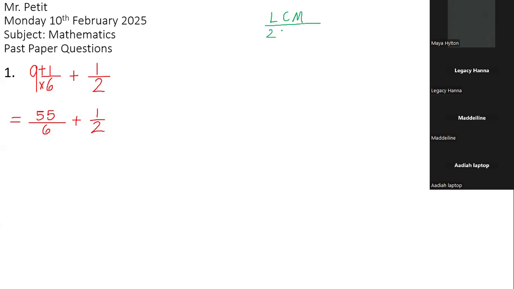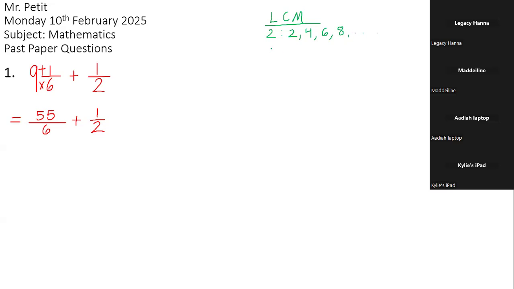So let's list the multiples of 2: 2, 4, 6, 8, 10, 12, and the list goes on.